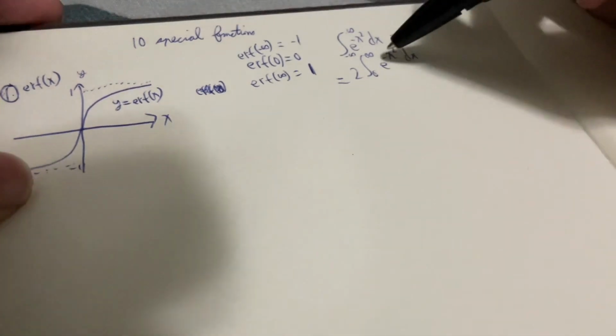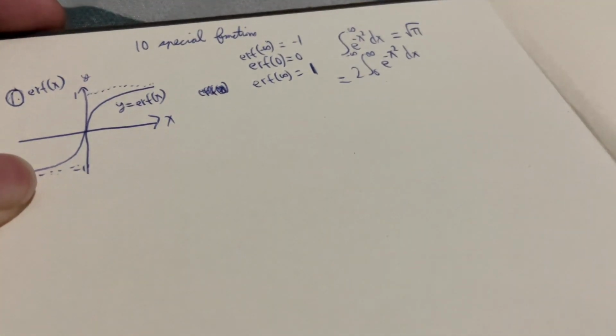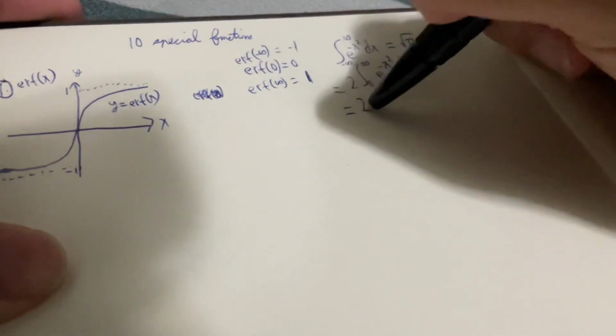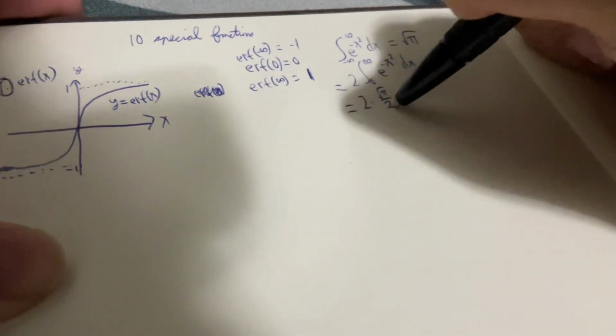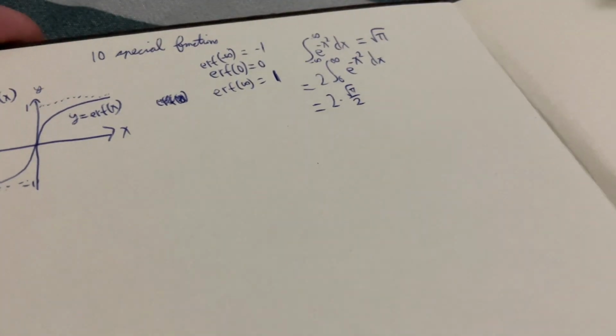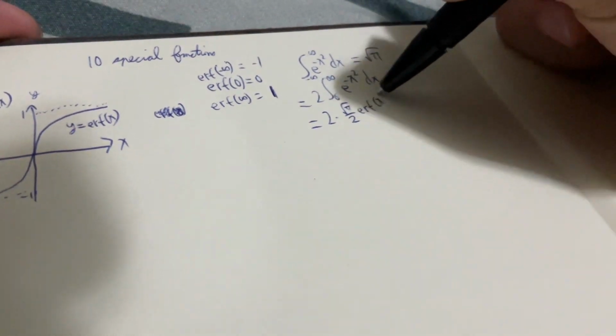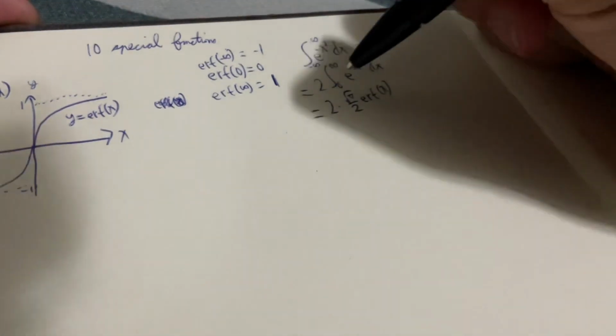So here you should memorize that the integral of e to the power of negative x squared is equal to square root of pi over 2 times erf(x), so we're going to use the original erf function, erf(x).